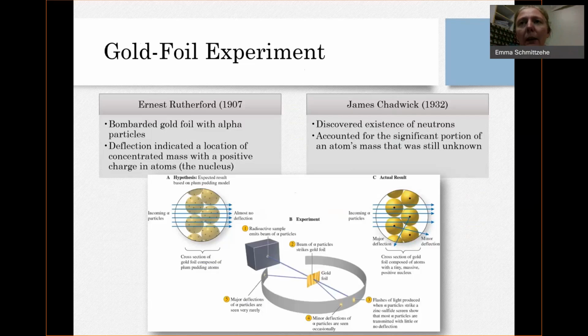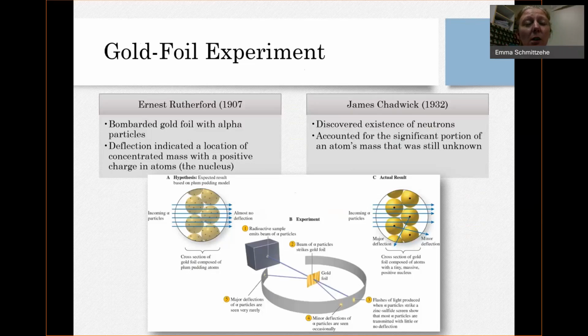But what was expected was that they should just pass through. It wasn't expected that they would deflect back, because relative to the dispersed positive charge in the plum pudding model, those particles should have been able to pass right through, since their positive charge is so much greater and they're so dense compared to what the plum pudding model suggested made up those atoms.